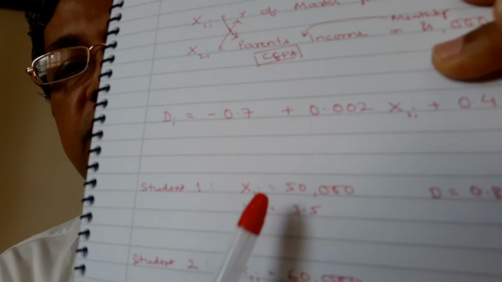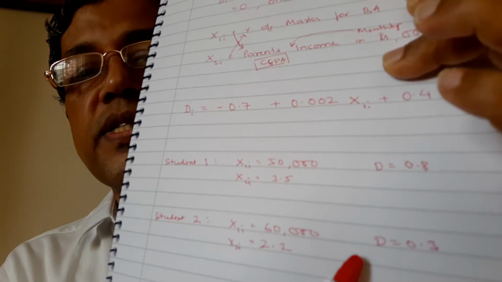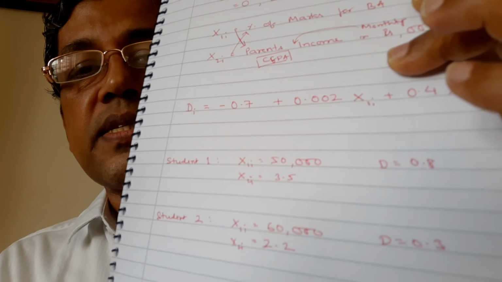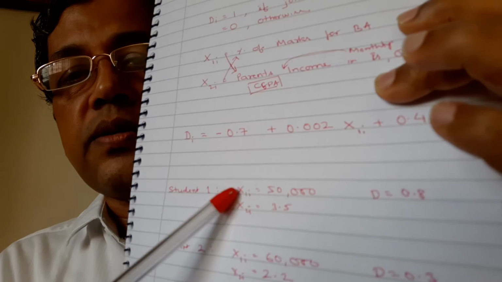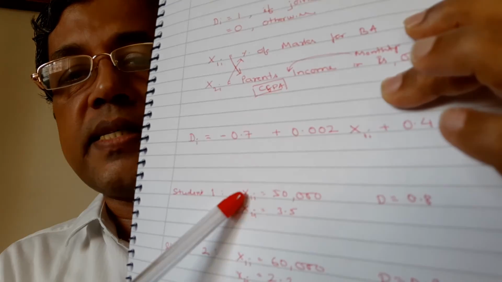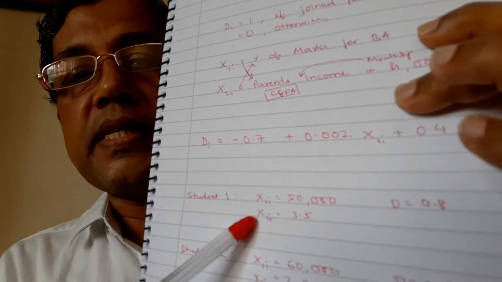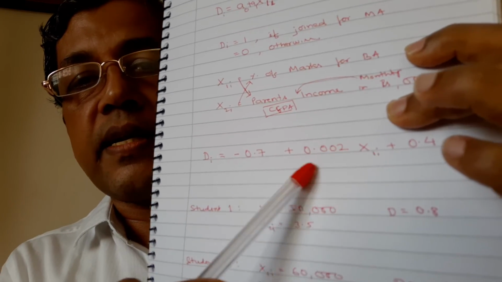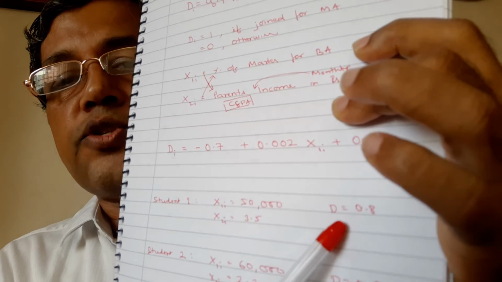But these models are very useful. Using the information on parents' income and CGPA score, you can estimate the probability that the student is getting admitted for MA Economics or not. For student 1, with values of 50,000 as parents' income and 3.5 as CGPA score, for this hypothetical estimated model, the D is calculated to be 0.8.